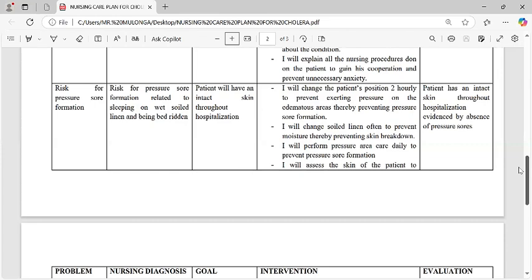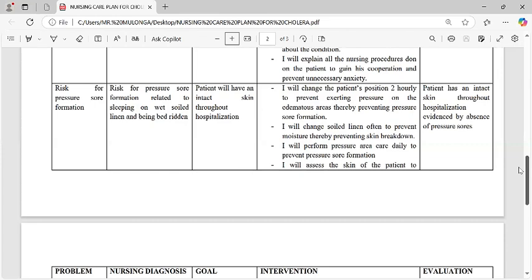So basically, this point is just saying I will change the patient's position hourly to prevent pressure sore formation, or to prevent exertion of pressure on the area of the skin. That's what we are just saying there.